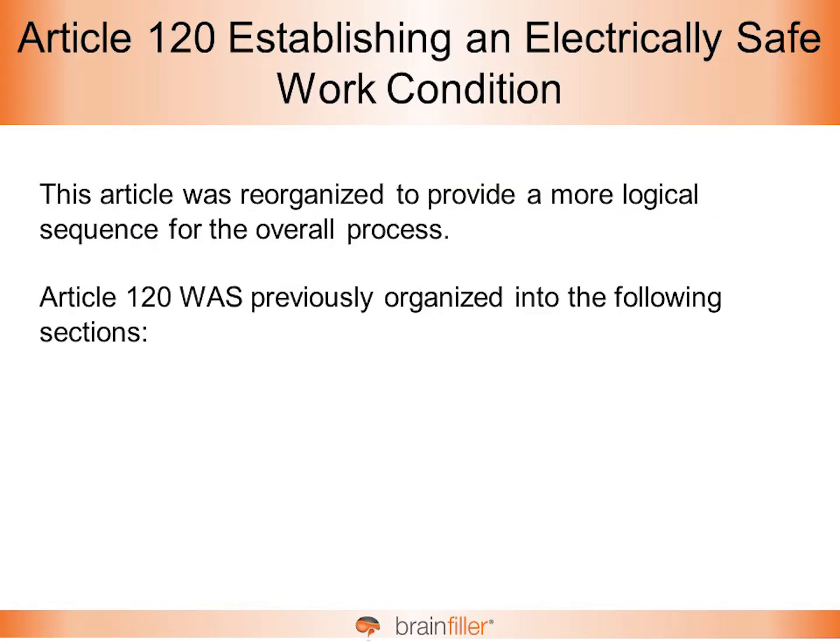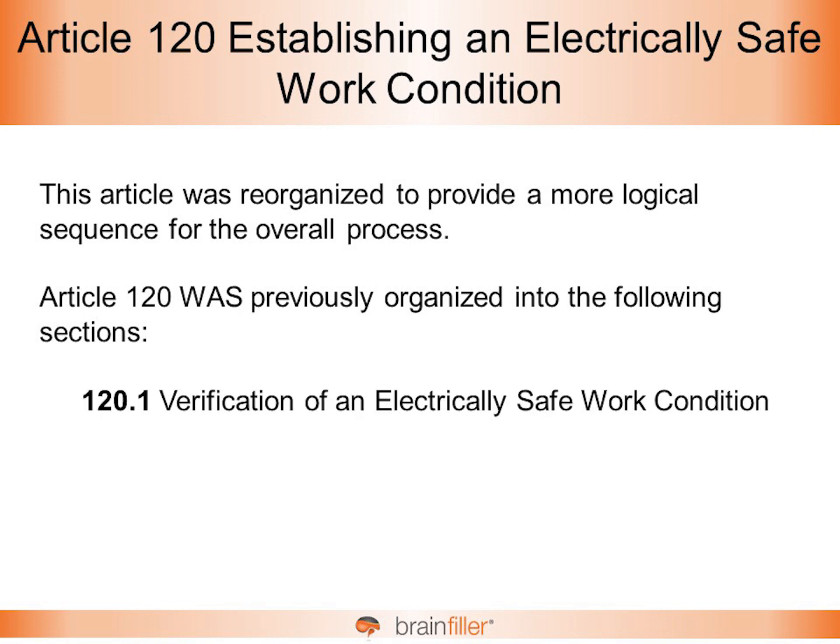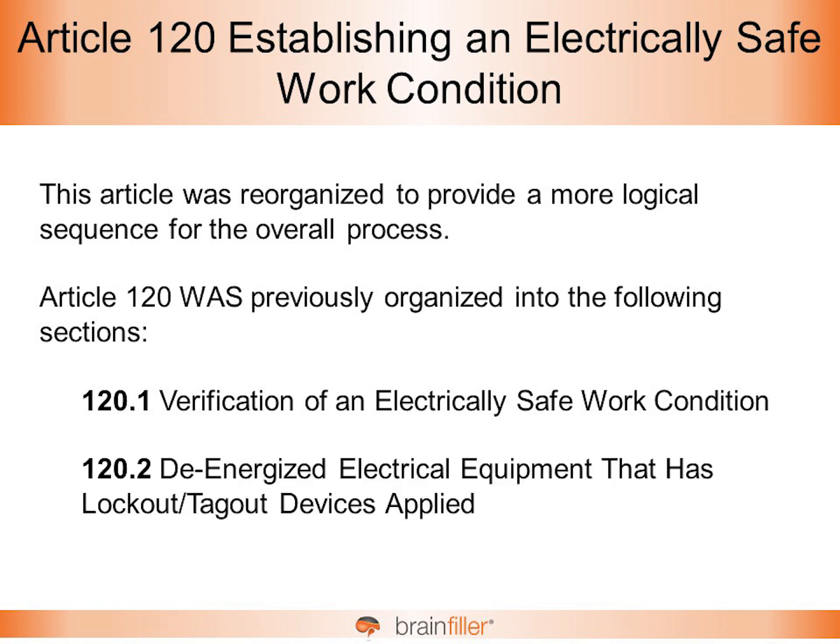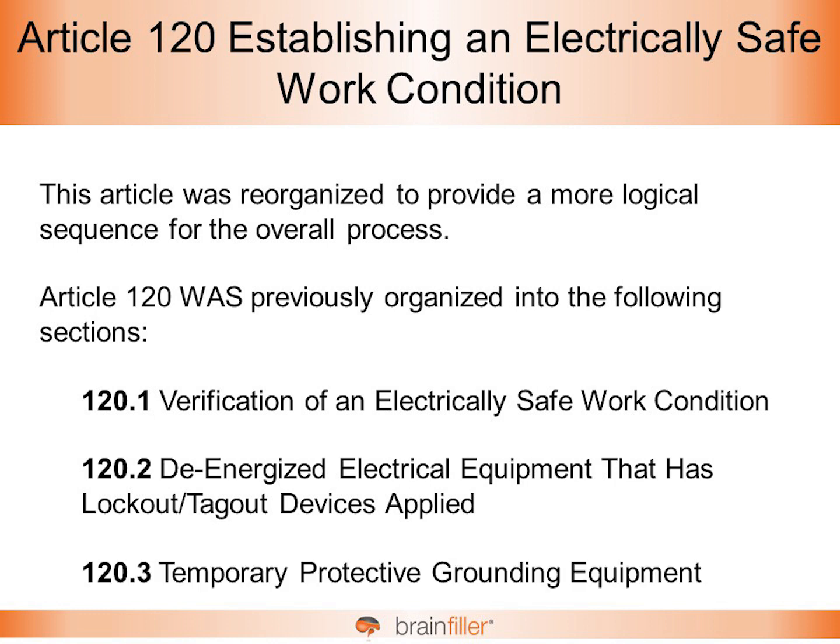Article 120, establishing an electrically safe work condition. This was completely reorganized. It was 120.1, verification of an electrically safe work condition. 120.2, de-energized electrical equipment that has lockout tagout devices applied. And 120.3, temporary protective grounding equipment.